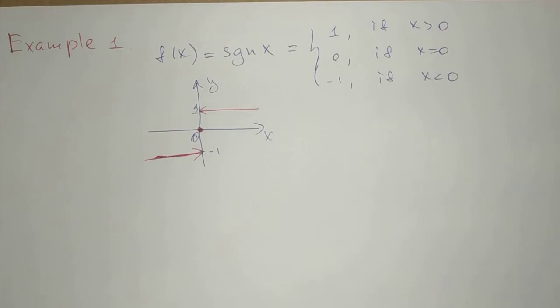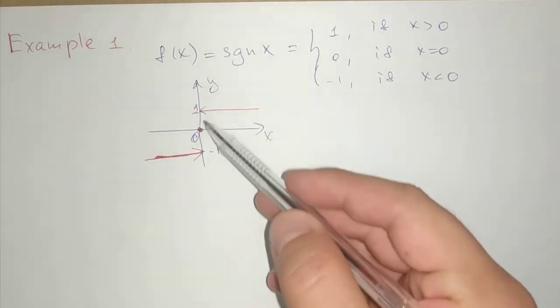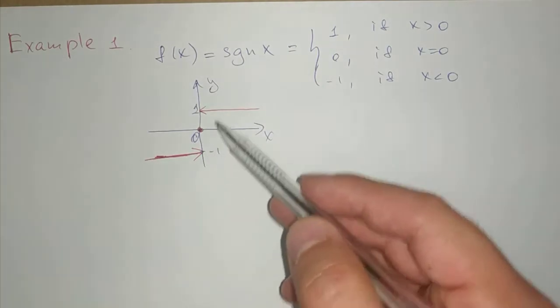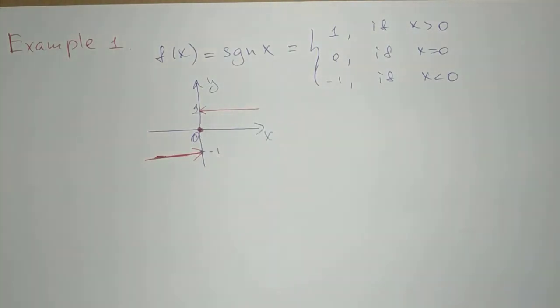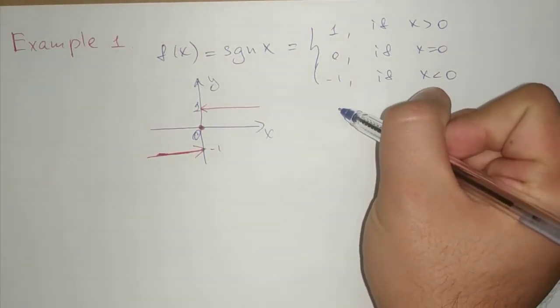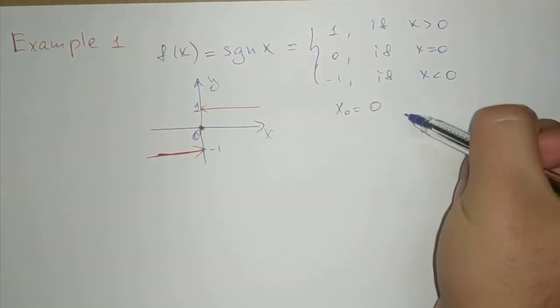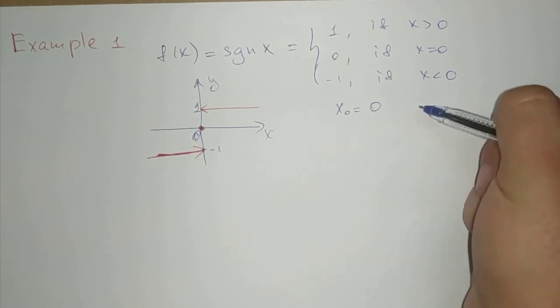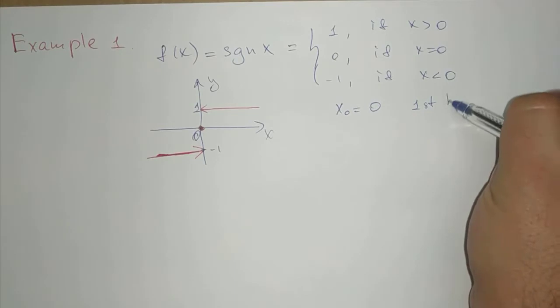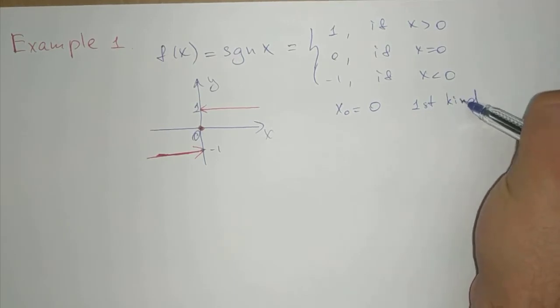We also call the first kind of discontinuity a jump. So here we have a jump at the point x0. The value of the jump is 1 here and here also 1. So the answer is that we have a discontinuity at the point x0 equal to 0, and this is a discontinuity of the first kind.